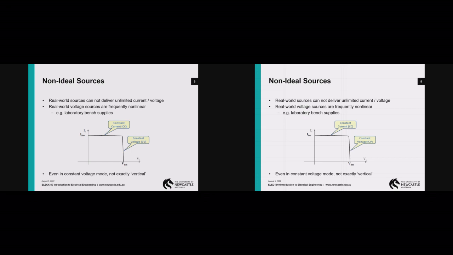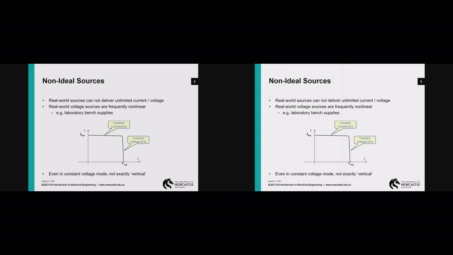And if you try and draw more current than that current limit, the voltage will decrease until it eventually reaches 0. So in that current limit region, it looks more like a current source. So there's that sort of non-linearity in a bench supply.